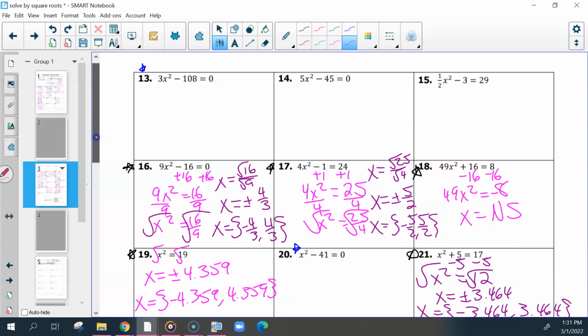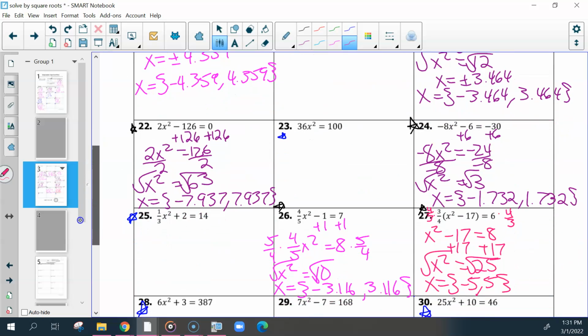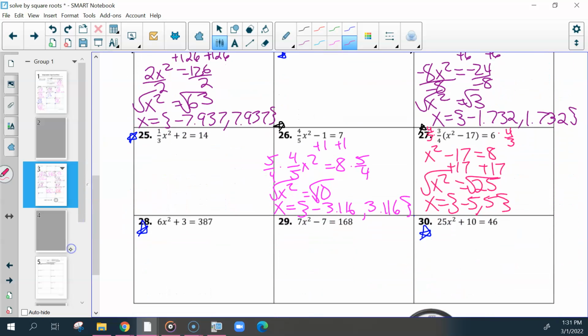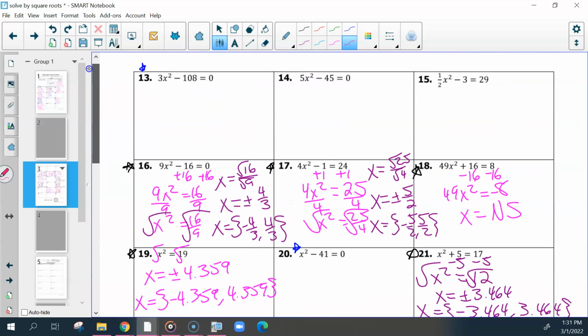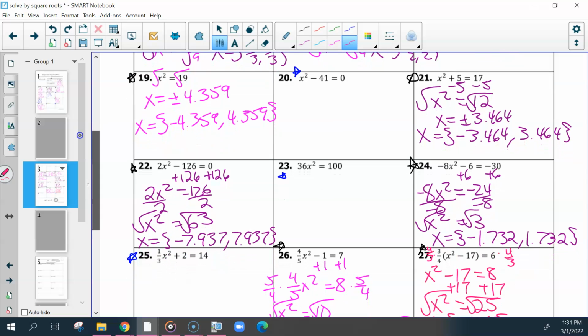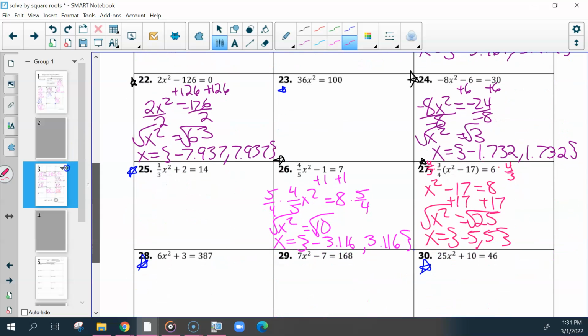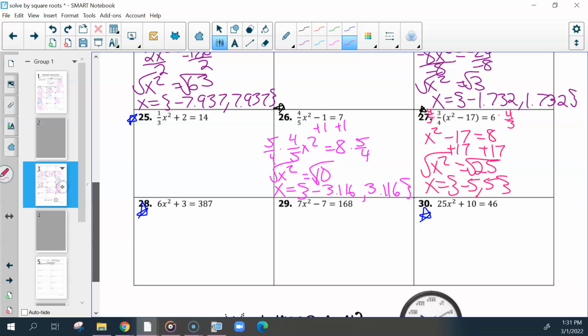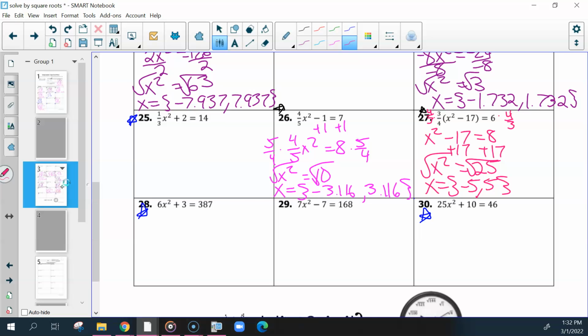And then on the back, 13, 20, 23, 25, 28, and 30. That was a lot.